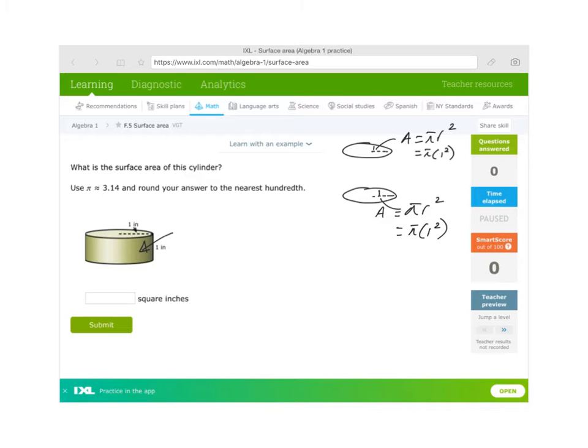So the height is 1 inch, and the circumference of this circle, this curved length, is 2 pi r. So 2 pi r would become 2 pi times 1, which is 2 pi. So the area for this part is 2 pi. And we already know the area at the top and the bottom is pi each.